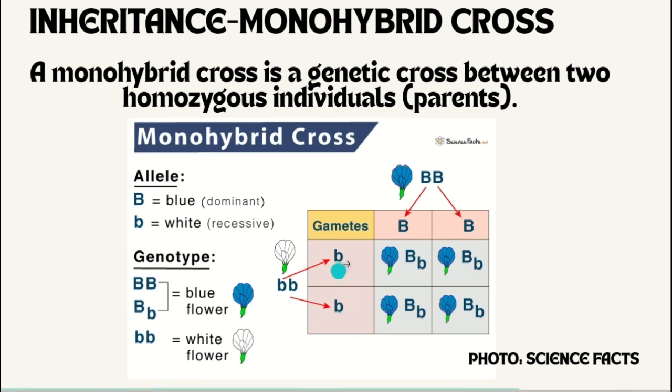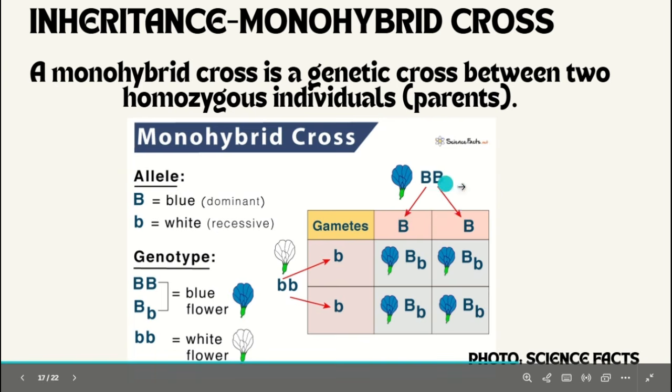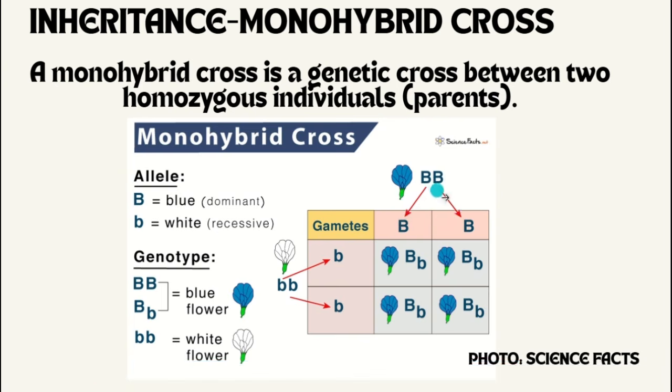So if you cross a homozygous dominant with a homozygous recessive, so if one parent had black hair, BB, which goes for black hair, well, not black, oh no. Forget it, let's do a different example. We'll do flowers, my bad. So in this example, big B is blue, which is dominant, and little b is white, which is recessive.